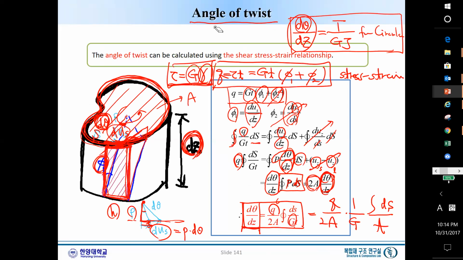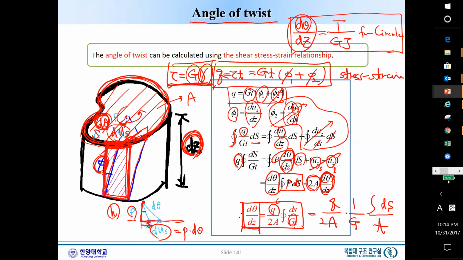This is the stress-strain relation, and there is some geometric deformation constraint, but that is very simple and we don't have to worry about it.